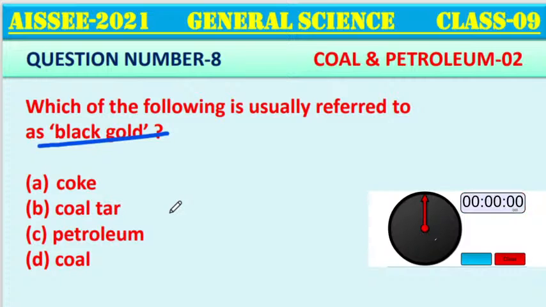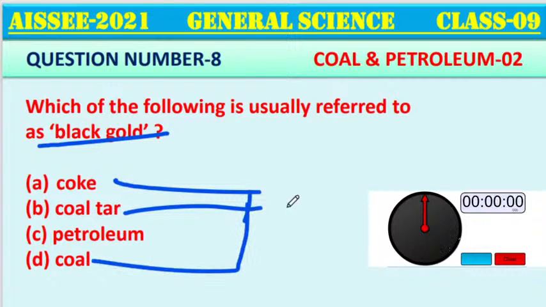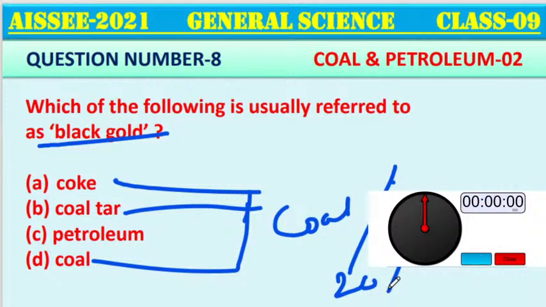So coke, coal and coal tar, these three are forms of coal, and coal is not costlier. It is cheaper. Cheaper means 20 or 30 rupees per kg you can get.